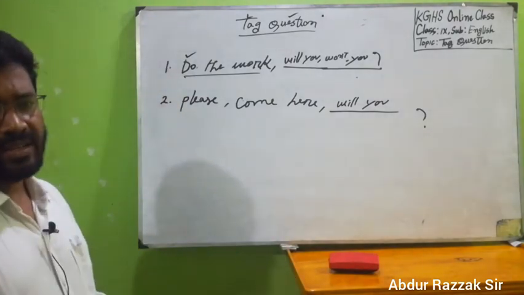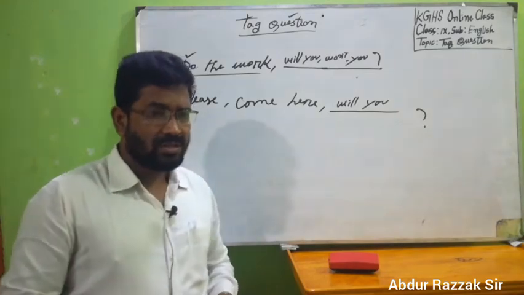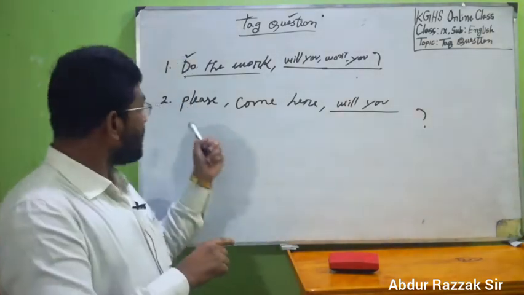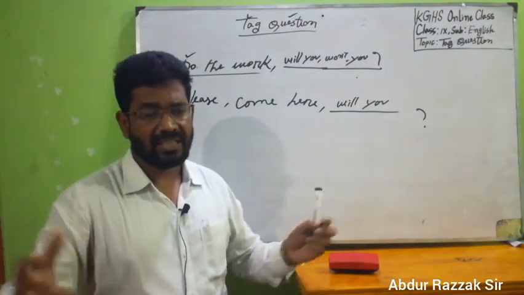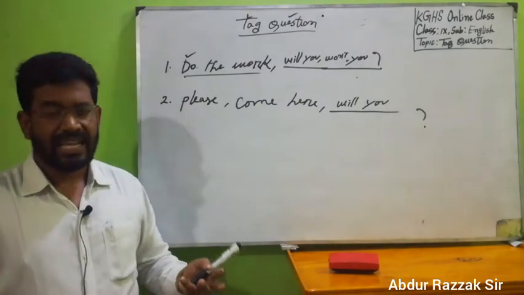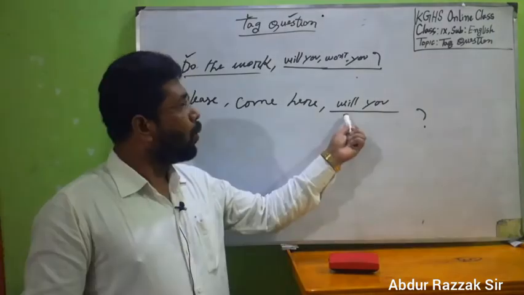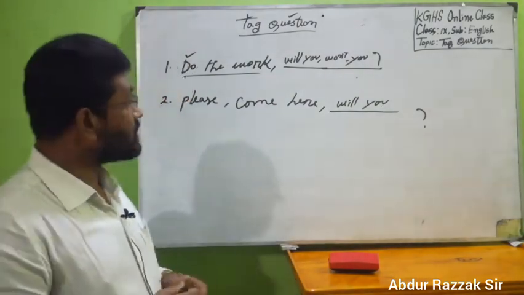Yes students, you should remember, if words such as please, kindly, let or don't are at the beginning of the imperative sentence, to make the tag question you will write just will you. Yes, will you. Yes students, let's see another example.